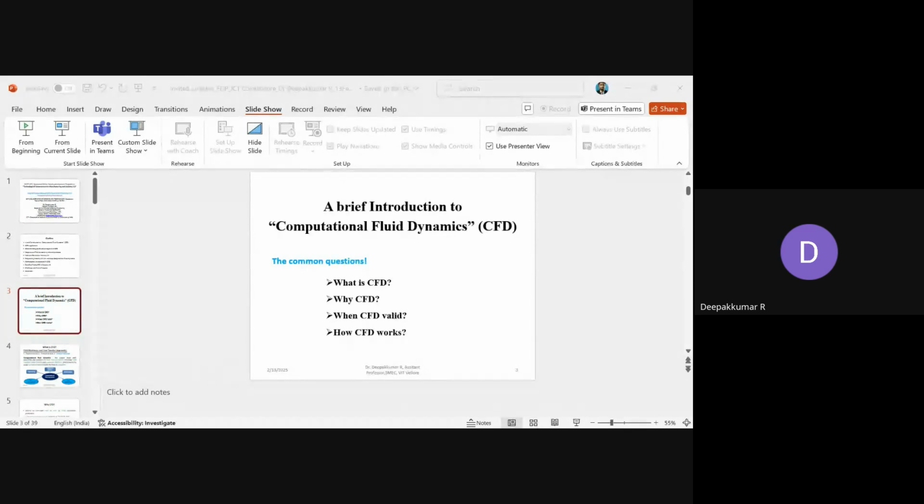So it acts as a complementary tool and provides valuable flow field information that experimental measurements may not provide. If you want to measure temperature, pressure or velocity, you may place sensors at only a few locations in the experimental setup, whereas in CFD, wherever you want information, at all data points you can get the field variables like pressure, velocity and temperature.